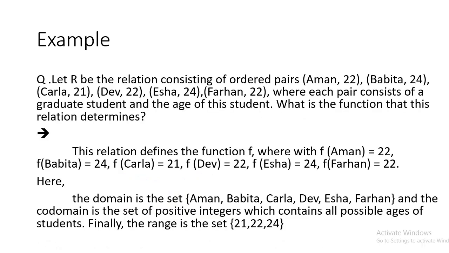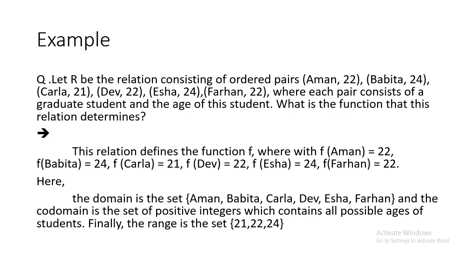Take an example. What is the question? Suppose R is a relation consisting of the ordered pairs Aman 22, Babita 24, Carla 21, Dev 22, Isha 24, Farhan 22, where each pair consists of a graduate student and the age of this student.